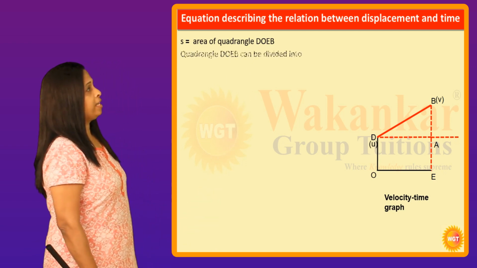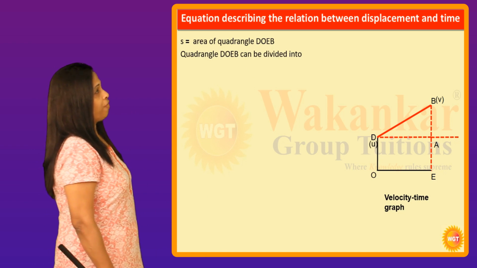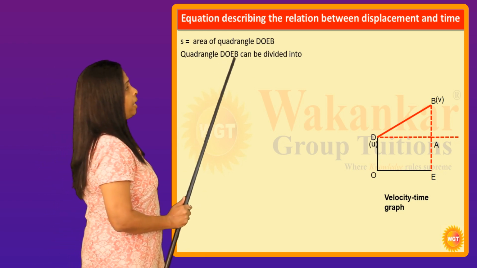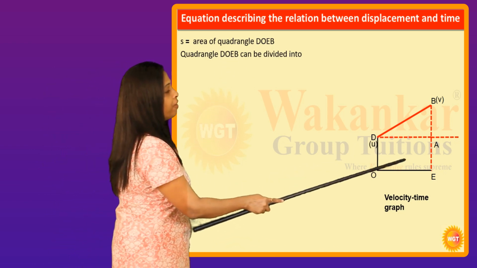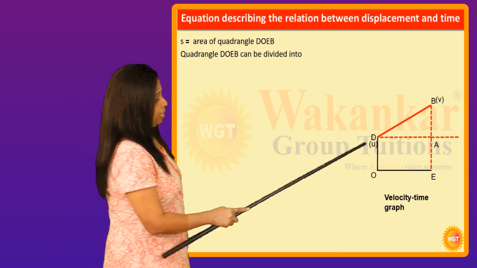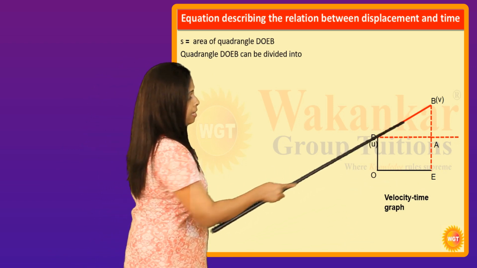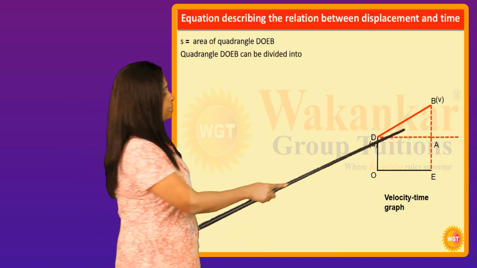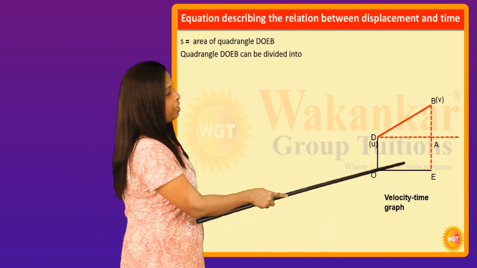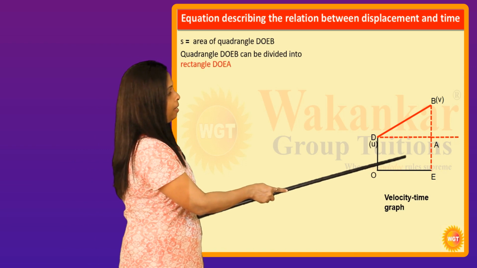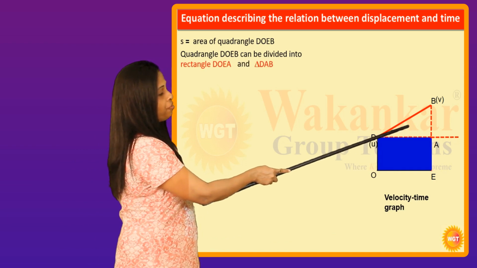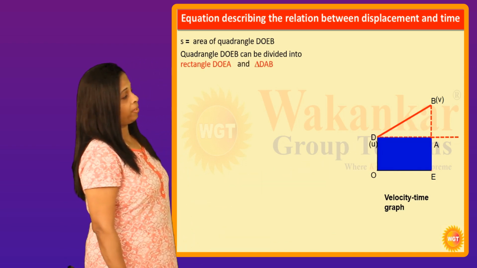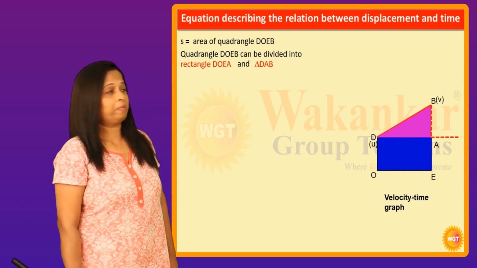Now for our convenience, we are going to divide this DOEB into figures. See, DOEB is separated now for your better understanding. And this DOEB is divided into a rectangle and a triangle. That is the entire DOEB.